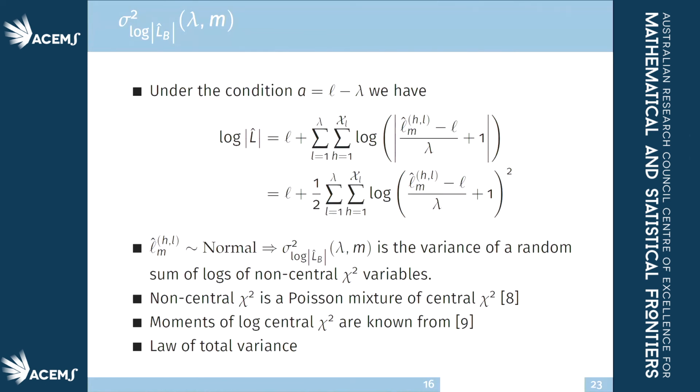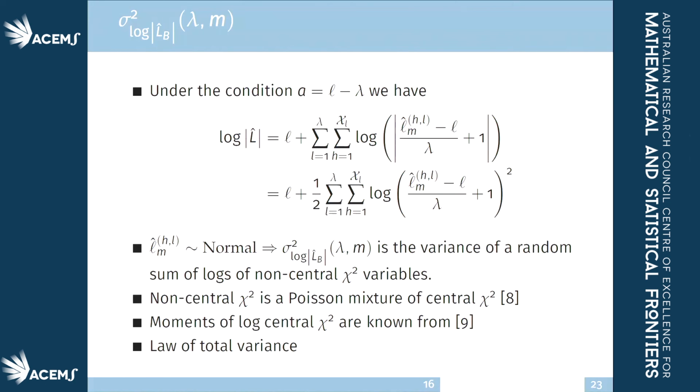And so I won't necessarily go into that, except that under some idealized assumptions we can get exact results, because if L hat is normal, for example, then sigma squared is the variance of a random sum of logs of non-central chi-squareds, so we can compute that.